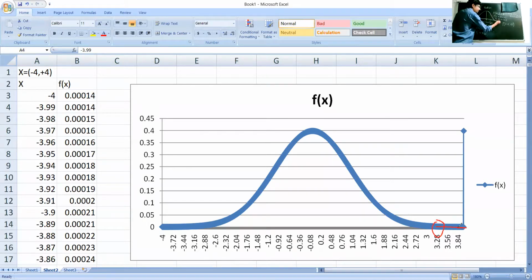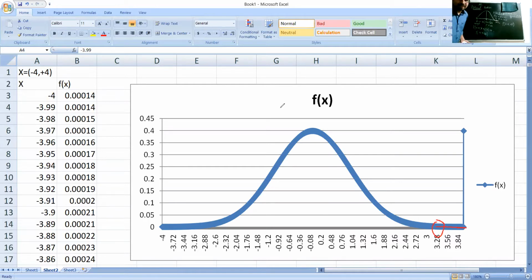So by 3, your tail has reached 0. So there is no area there. So any area above 3.3 is equal to 0 because there is nothing left. So just observe your curve reaching minus 3, the curve touches your x-axis, not theoretically but practically. Therefore, we say there is no area left. Therefore, we say it is 0.